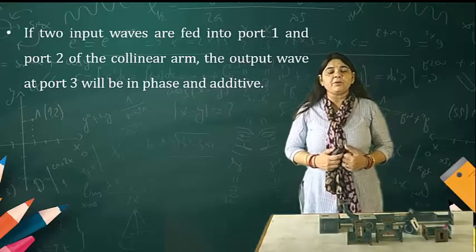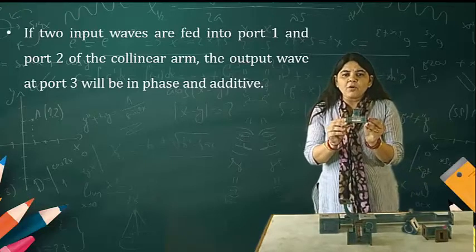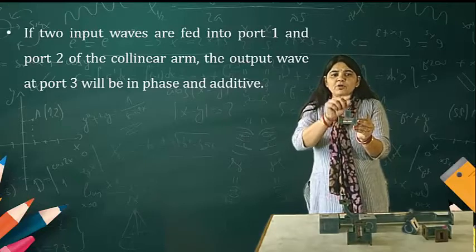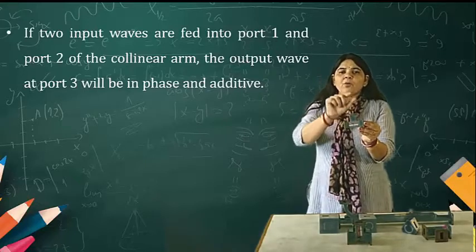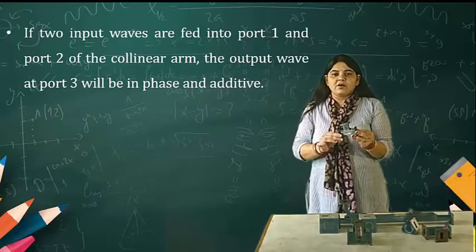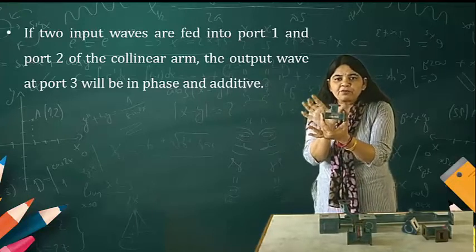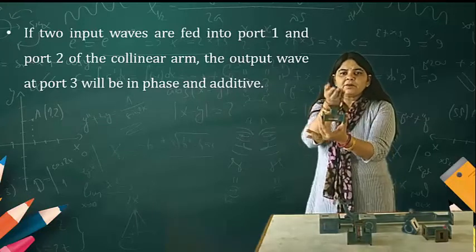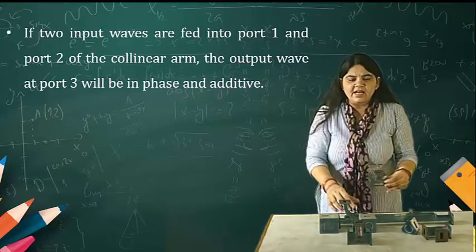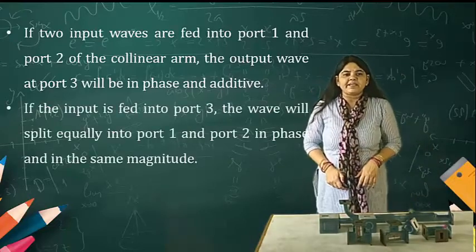If two input waves are fed to the collinear arms, then the output wave at port number 3 will be additive and in phase. So if you apply the input from both sides, at port number 3 you have an output that is in phase and additive. We have to keep this in mind about the H plane T.